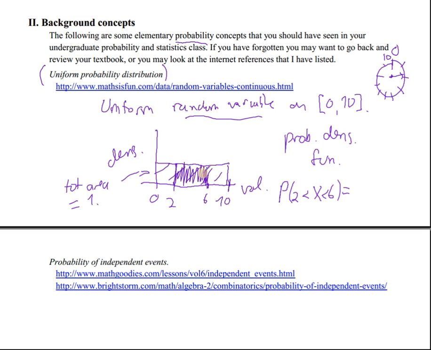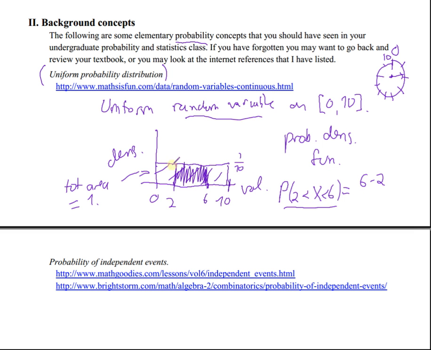What's the area between 2 and 6? Well, it's going to be this length, which is 4, times this height. Now, what's this height? I specified that the total area of the big rectangle must be 1, and the length here is 10, so the height must be 1/10. So the probability of being between 2 and 6 is going to be this length, which I can write as 6 minus 2.